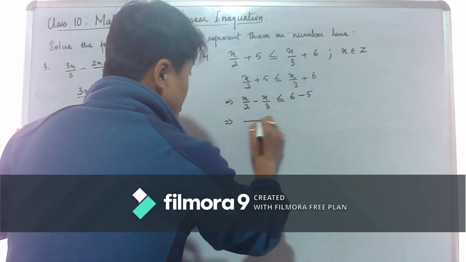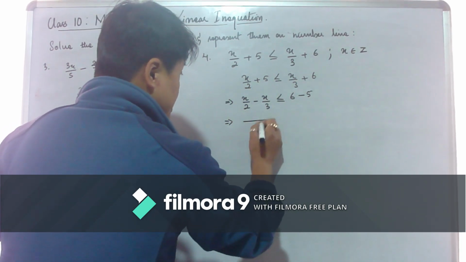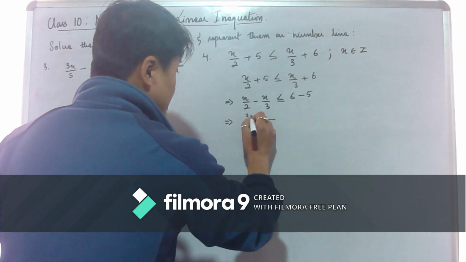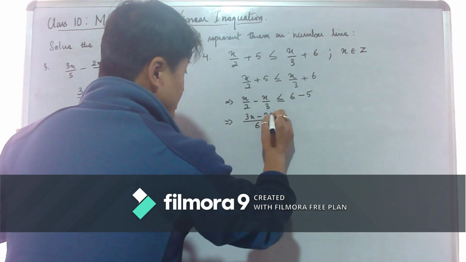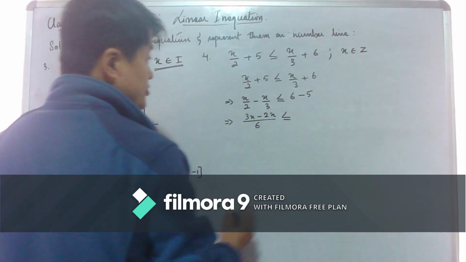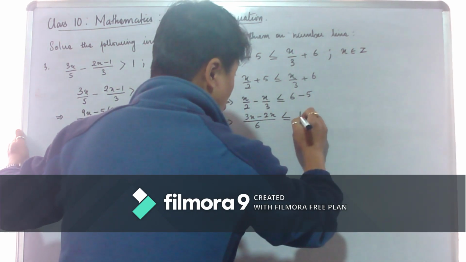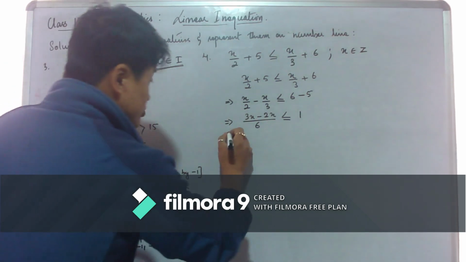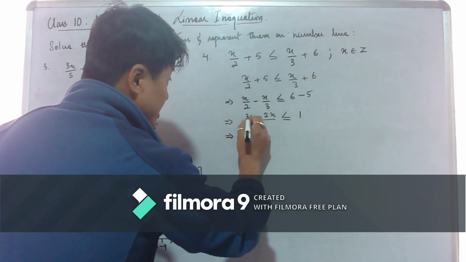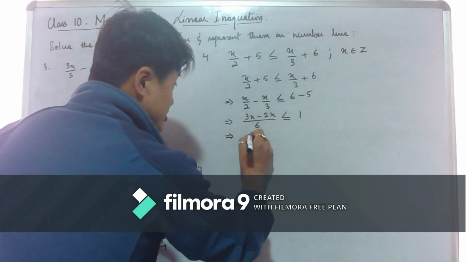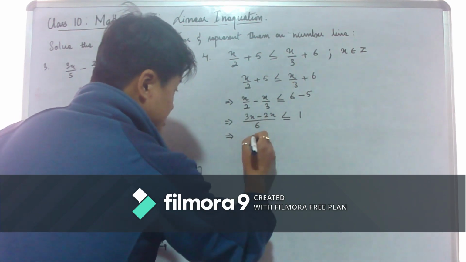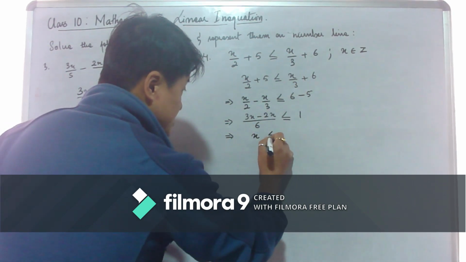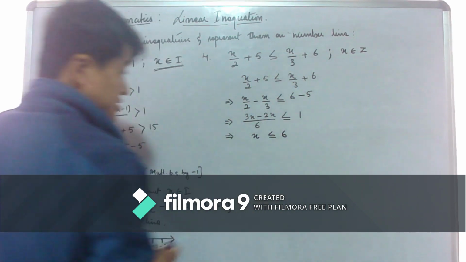Here we will take the LCM, 3 2s are 6, 3x minus 2x is less than or equal to 6 minus 5 is 1, because the greater number 6 has the positive sign. So this can be written as x, 3 minus 2 is 1, no need to write 1, x is less than or equal to 6 1s are 6.